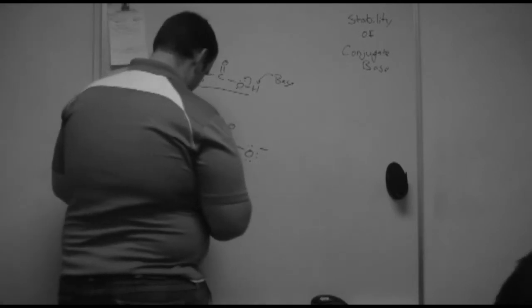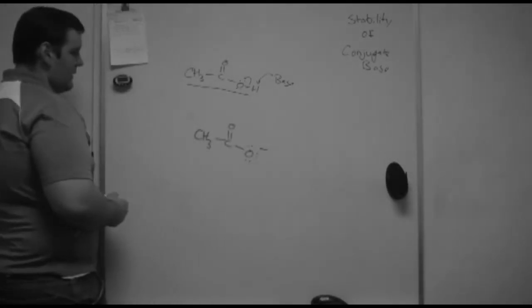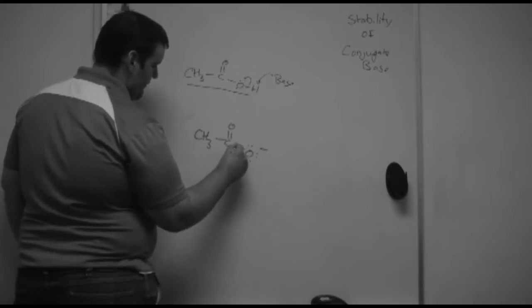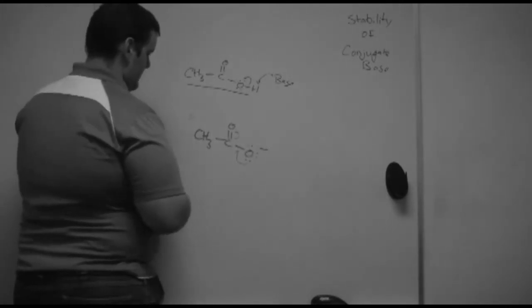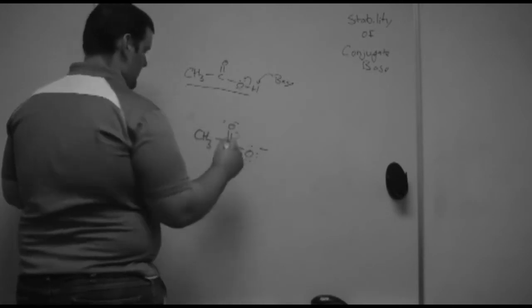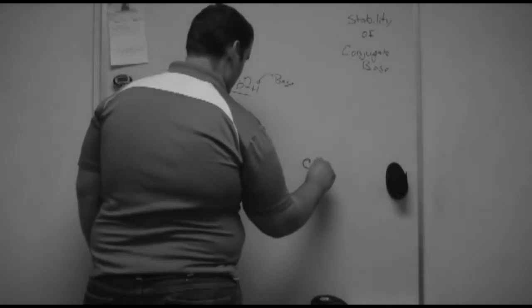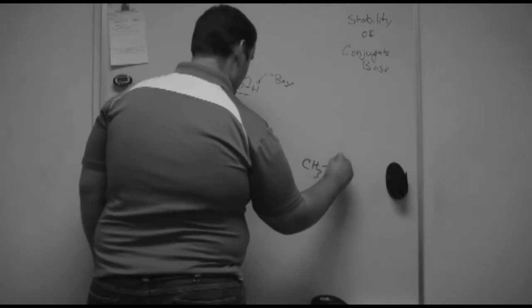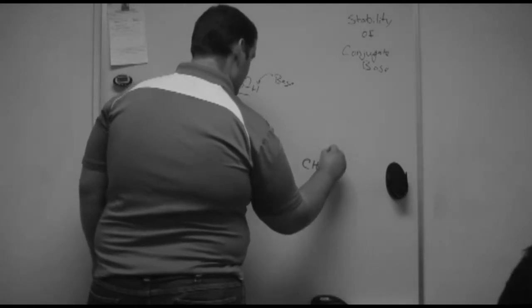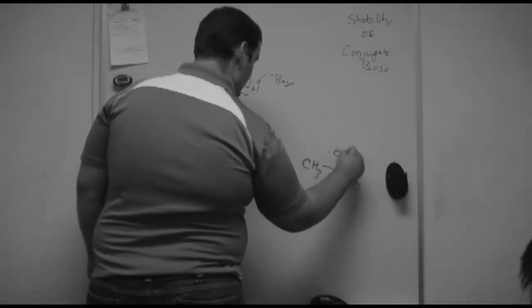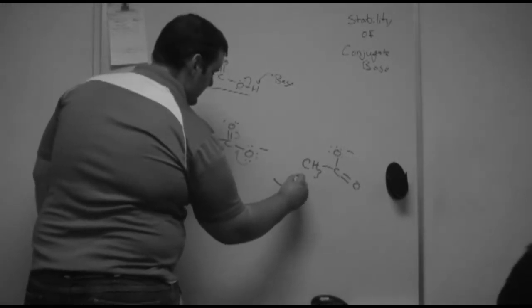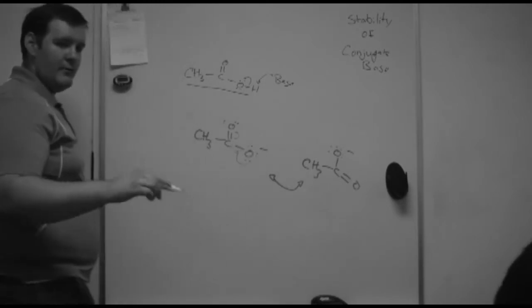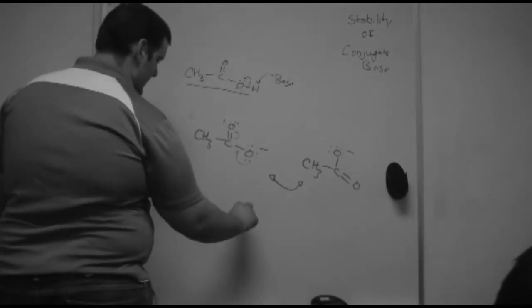So what can happen is, because we have this carbonyl here, it can resonate. If you remember from Chem 105, we can draw resonance structures. And then we can get this one here. And so it can resonate back and forth between the two. But really, it doesn't exist like that.